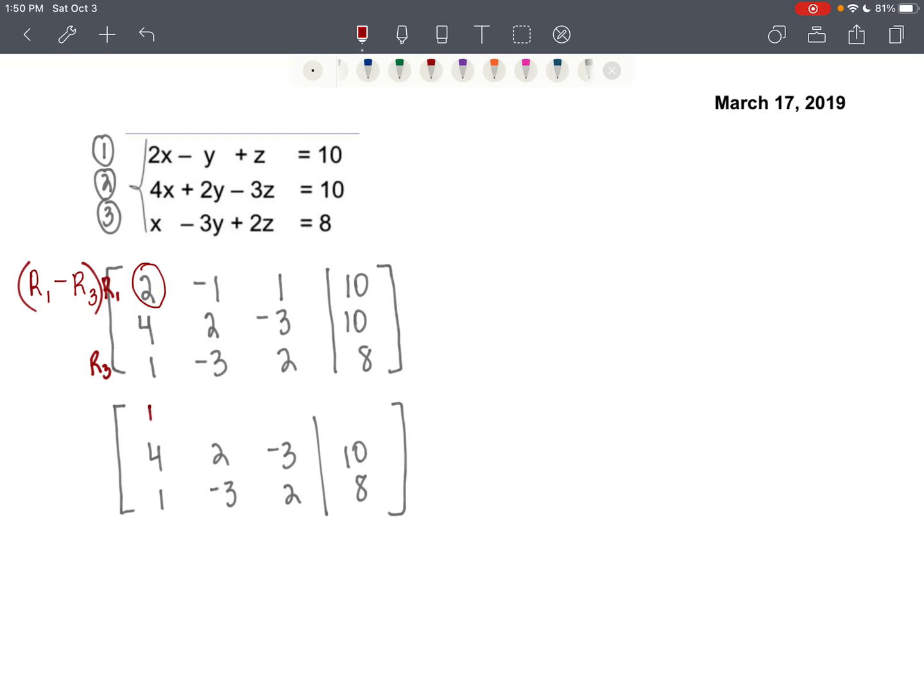So 2 minus 1 is 1. -1 minus -3, that's a 2. Row 1 minus row 3, that's a -1. Row 1 minus row 3, that's a 2.